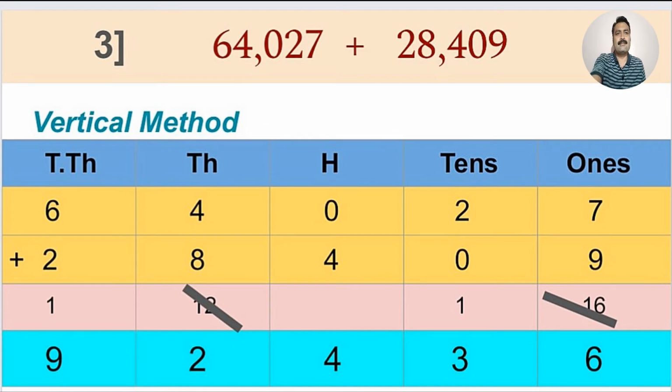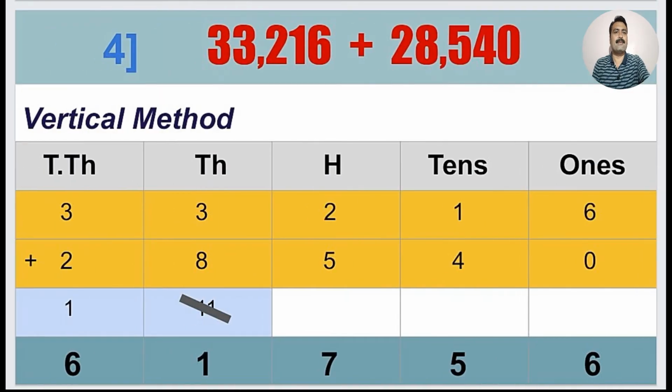After this third example, now we want to continue with the fourth example given in this problem set. First I am reading both numbers. First number 33,216 plus second number 28,540.